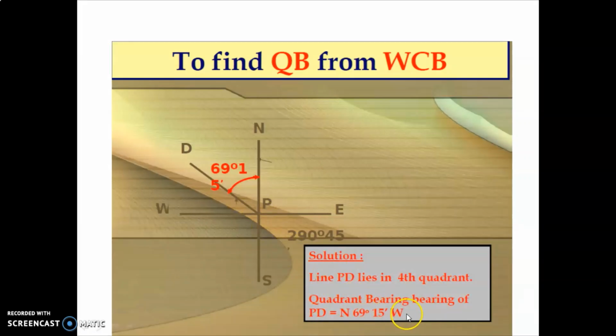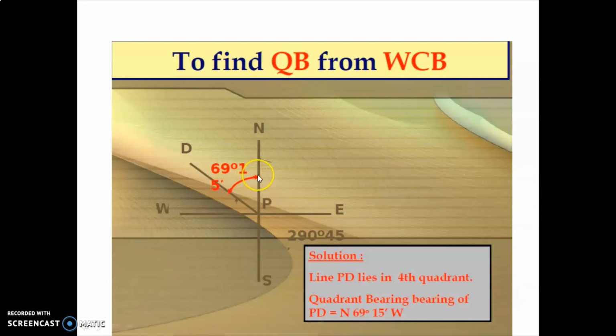How? From the north direction to here, what will be the value? 360 degree. And 290 degree 45 minute is again from the north direction up to this stage. So from 360, this whole north to north, if you deduct 290 degree 45 minute up to this, you will get this value.